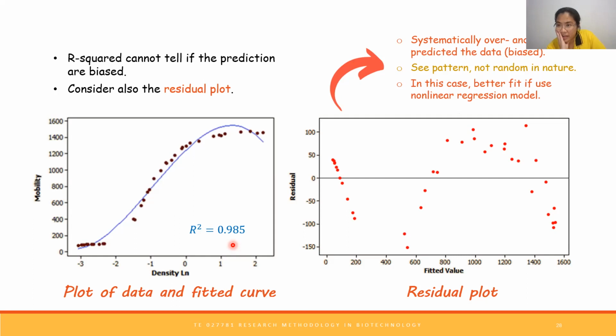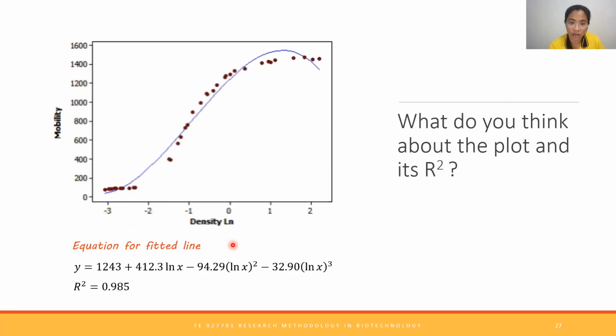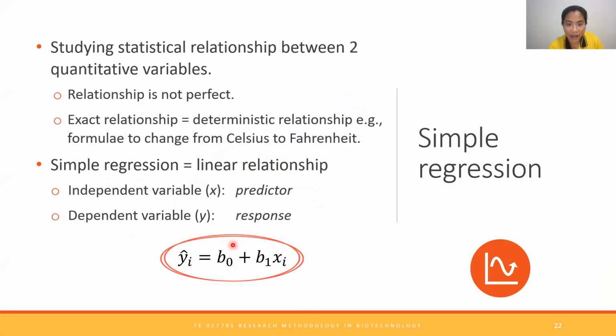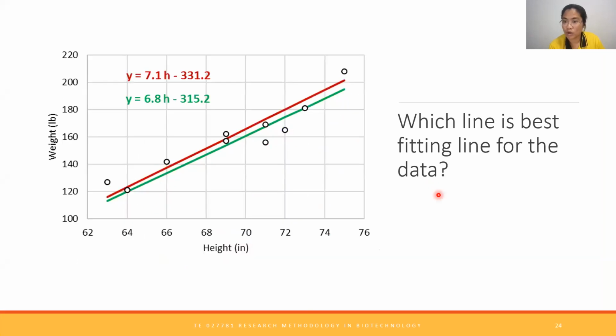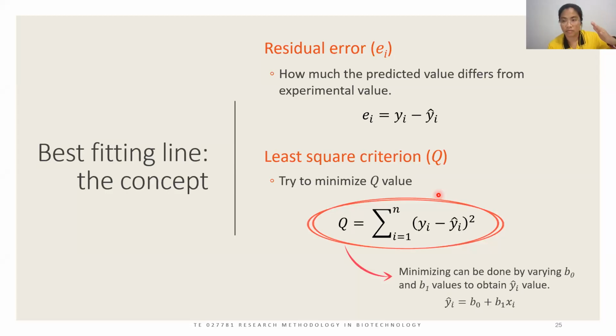This is one thing that I want to tell you: R-square, even though it's like 0.98, doesn't really tell you that it's a good curve fitting, especially if it's not linear. Going back to simple regression, R-square works well with a simple regression or a straight line.